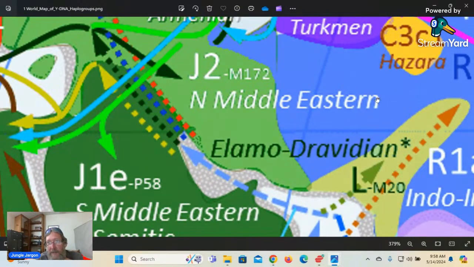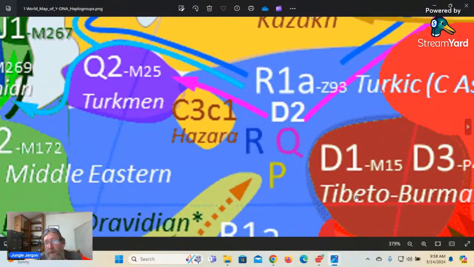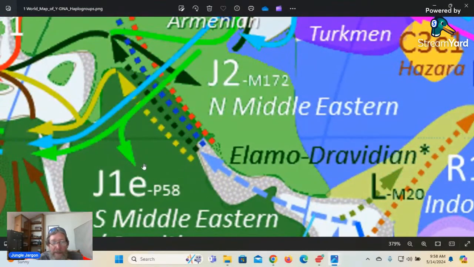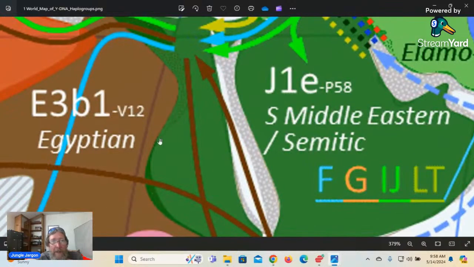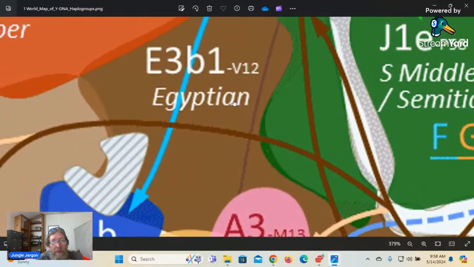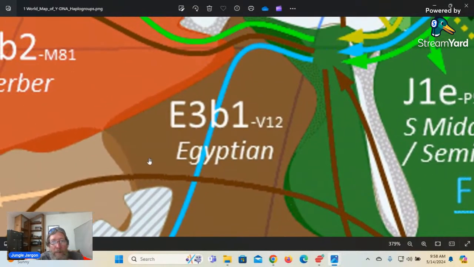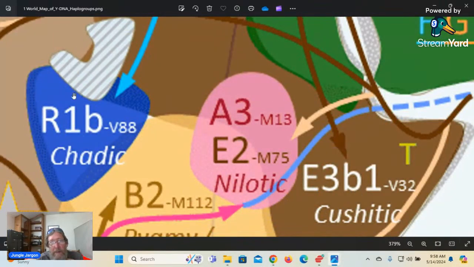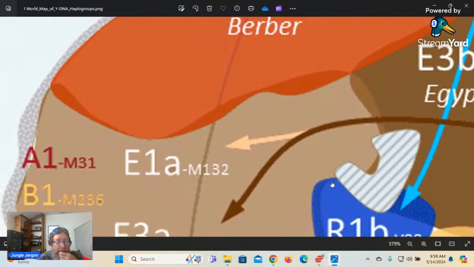But this D is closely associated with the E2. Actually, the E1, 2, and 3, but we have to decide whether or not the E2 would be Canaan or the E1.